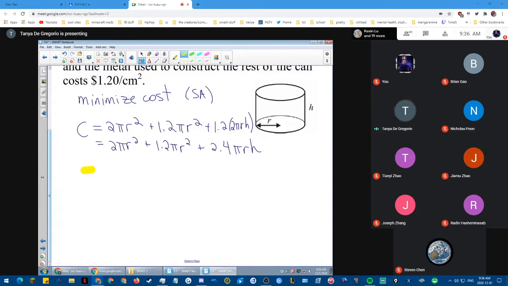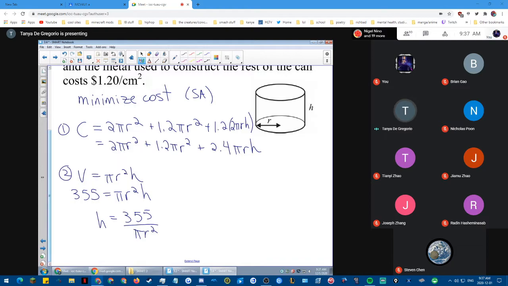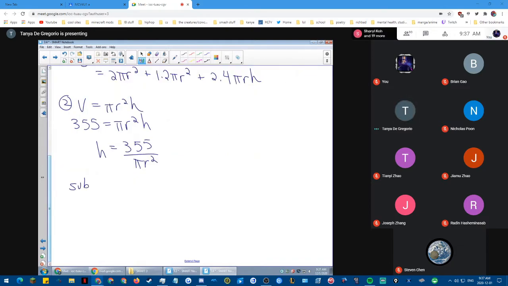Volume of a cylinder: area of the base times height. We know that it equals 355. And now we solve for h. Now we have our two equations. We sub 2 into 1 to get rid of that variable.